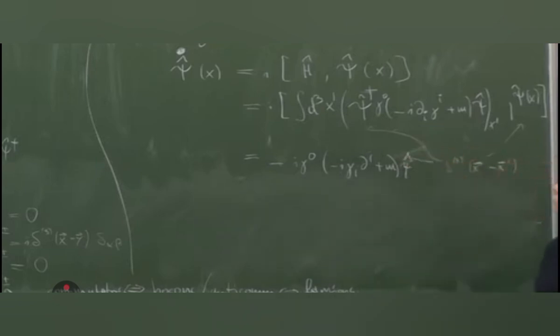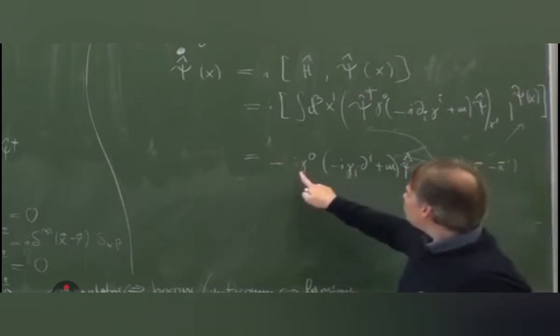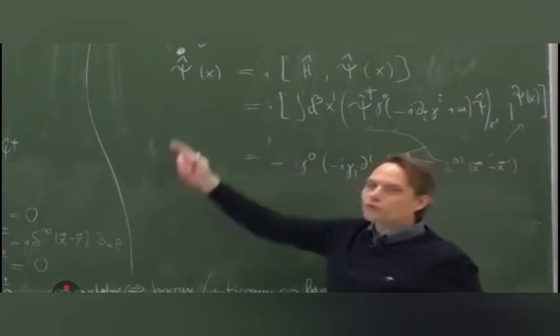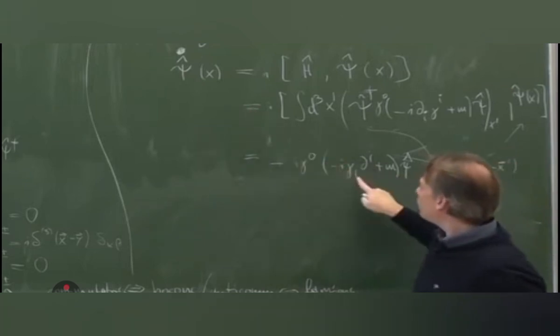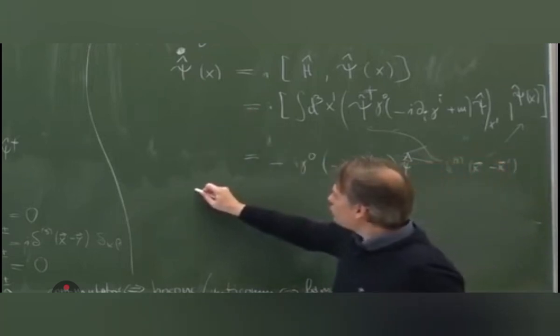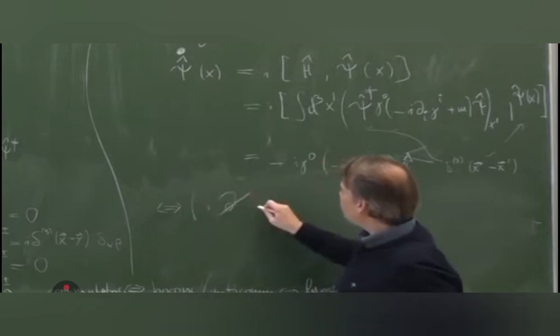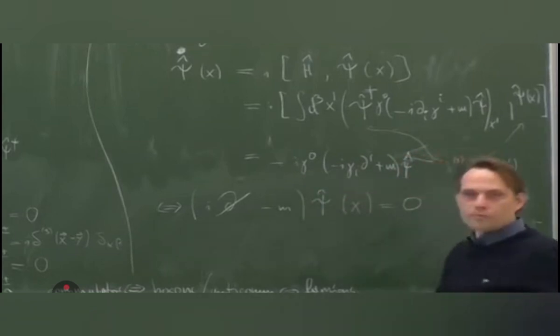Now if you bring everything to the left side and multiply with i gamma 0, you get i gamma 0 times psi dot, and here you get i gamma i d_i. These two combine to the full d slash, and therefore this is equivalent to saying i d slash, with a full four-dimensional d slash, minus m acting on the field operator psi hat of x is 0.